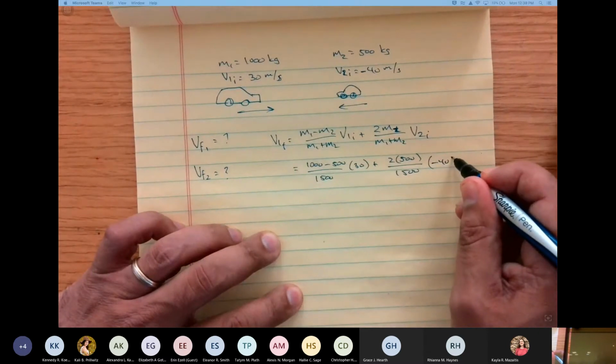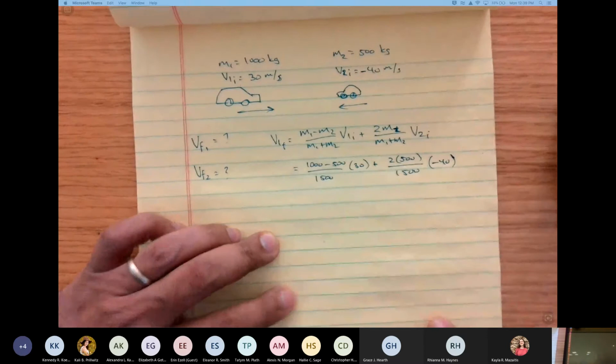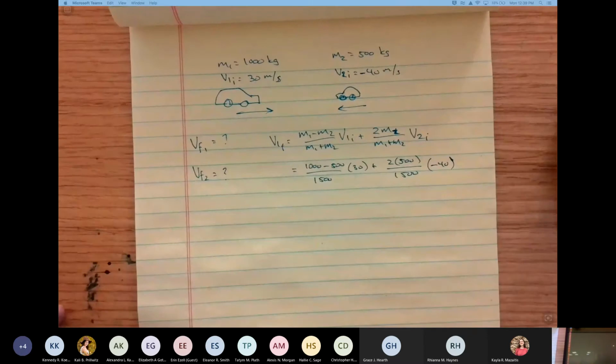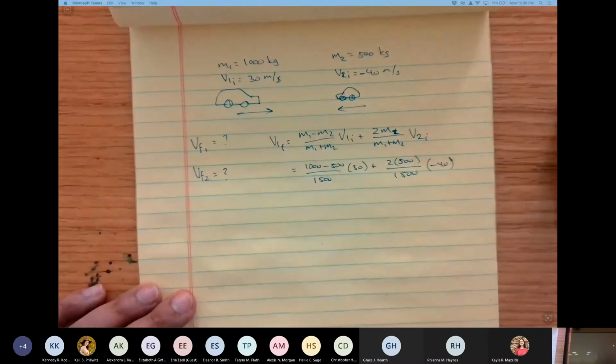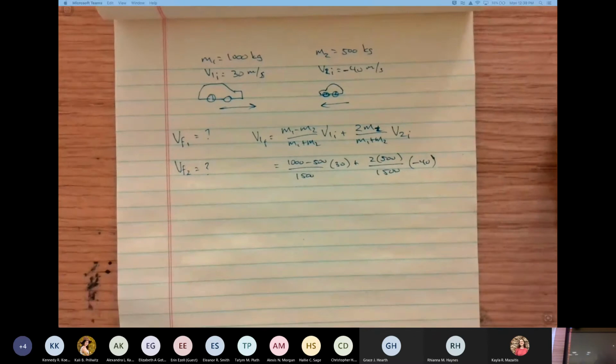So you have to be careful. Remember, velocities are vectors, so there's a difference whether we have a positive or negative vector. Even though we're just working with one axis, the negative or positive just tells us if it's going to the left or to the right. That's all it means.